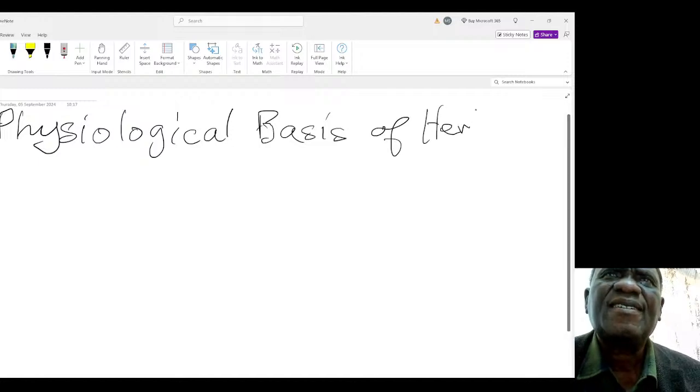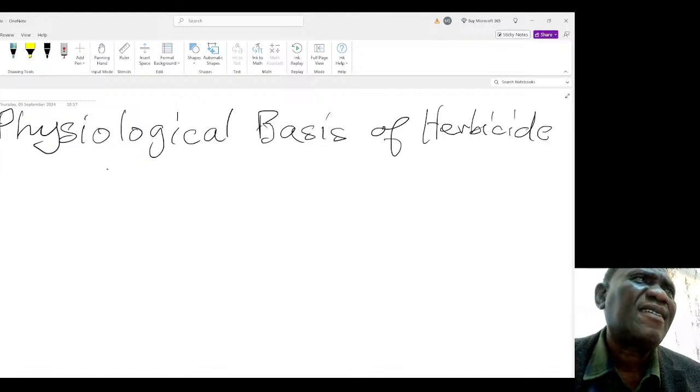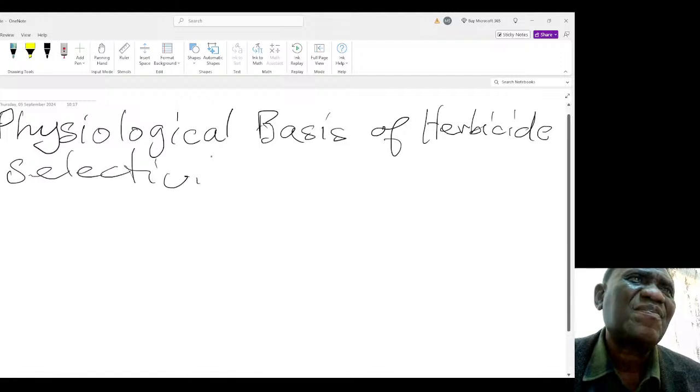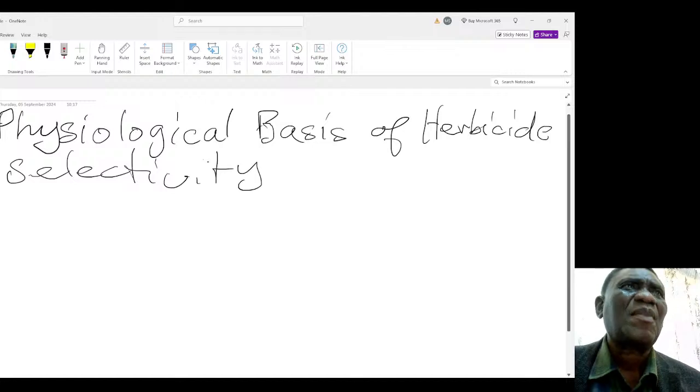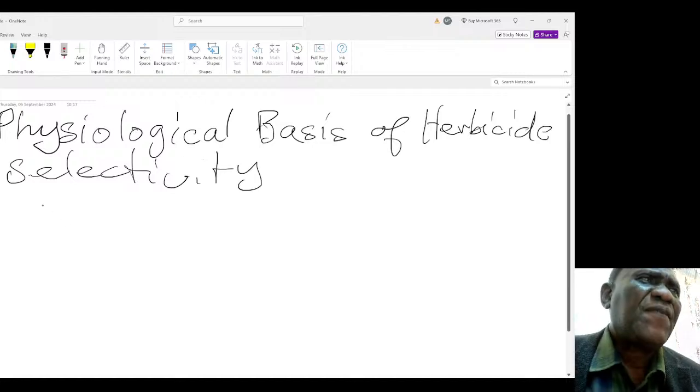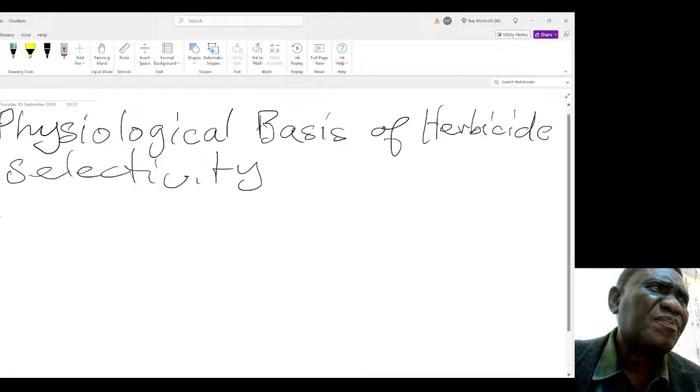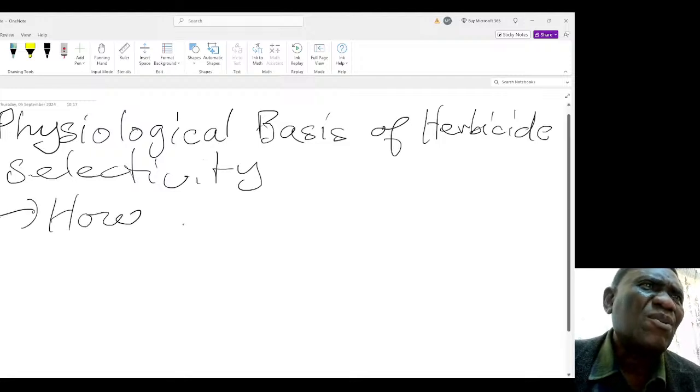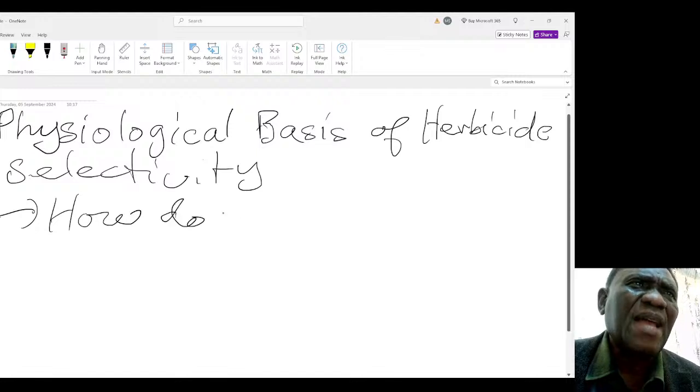Herbicide selectivity. Now our first question is, how do herbicides enter the plants?